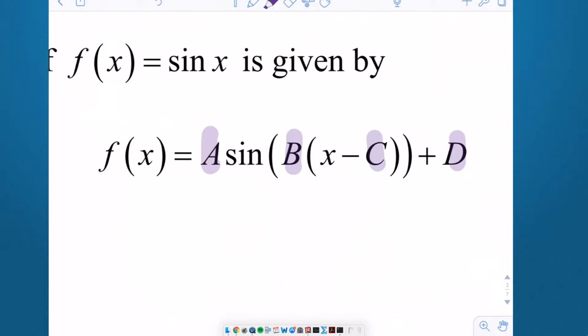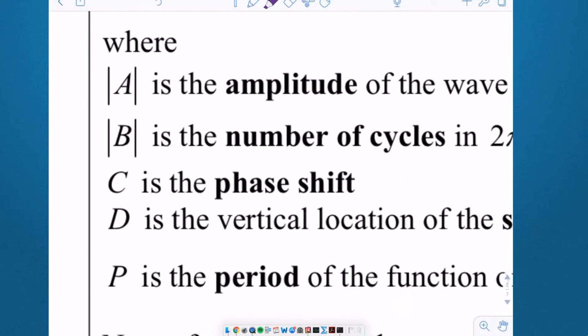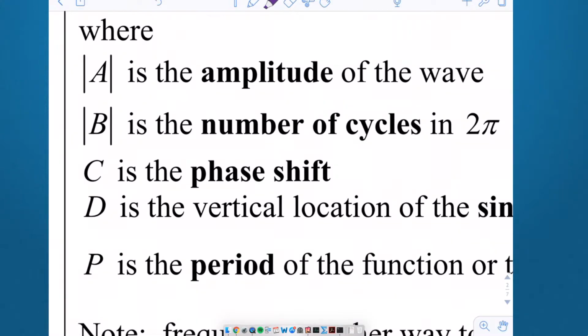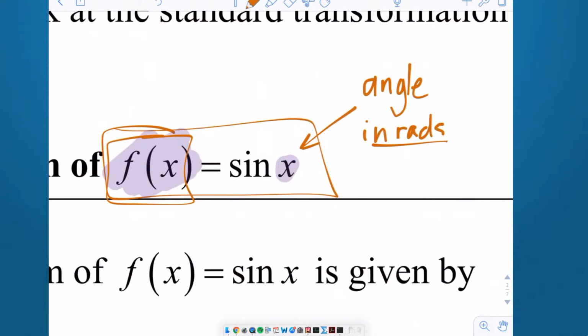When you stretch or compress the graph of sine, you're affecting the sine wave height, which is the amplitude. So the absolute value of a, in the case that a is negative, is called the amplitude. It still affects the graph the same way. What is the default amplitude then for sine? What number is by default in front of sine of x? 1.